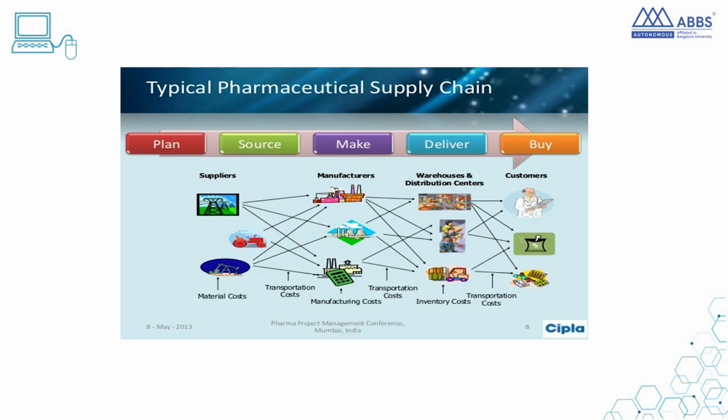Now in the diagram what we are seeing, a typical pharmaceutical supply chain might comprise certain activities like you see in the first stage: material costs, transportation costs, manufacturing costs. I mean, your supply chain activity is also enabled to identify these costs, and you can also see the lines are linking between suppliers to manufacturer, warehouse and distribution centers to the customers.